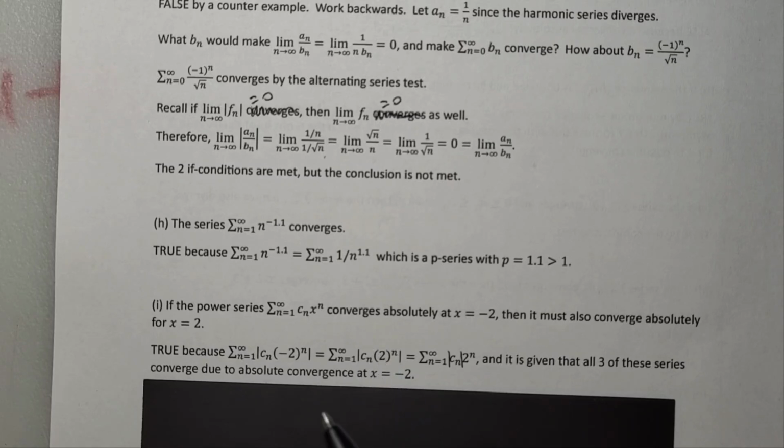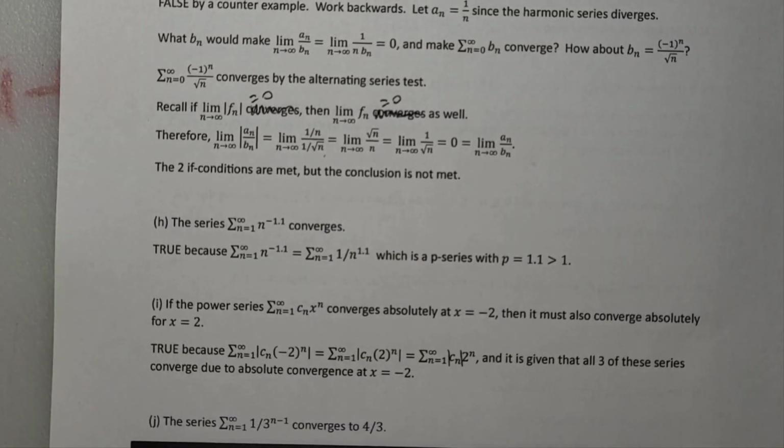So, because it tells us that it's absolutely convergent at x is -2, these three are true then, or this equality is true. Okay? And at x is 2, to check for absolute convergence, that's the middle over here, which we already know converges from the first part, what they gave us. So this is true. Hopefully that made sense.